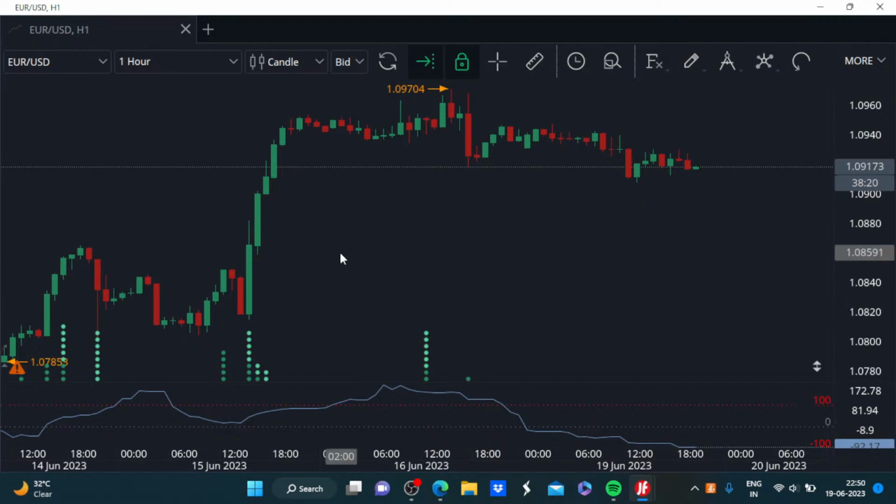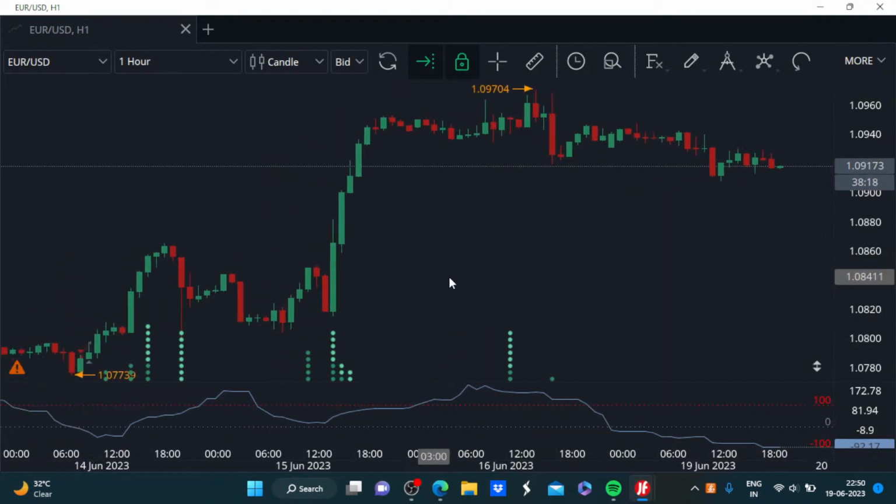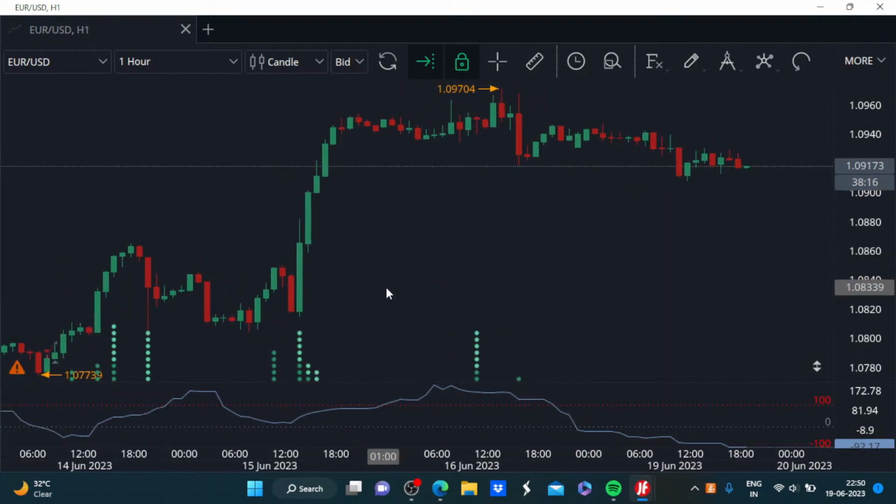So this is the hourly chart, and if we look at the recent price developments, you will observe that the underlying instrument, the Euro USD, had moved above this 100 level in yesterday's trading session.